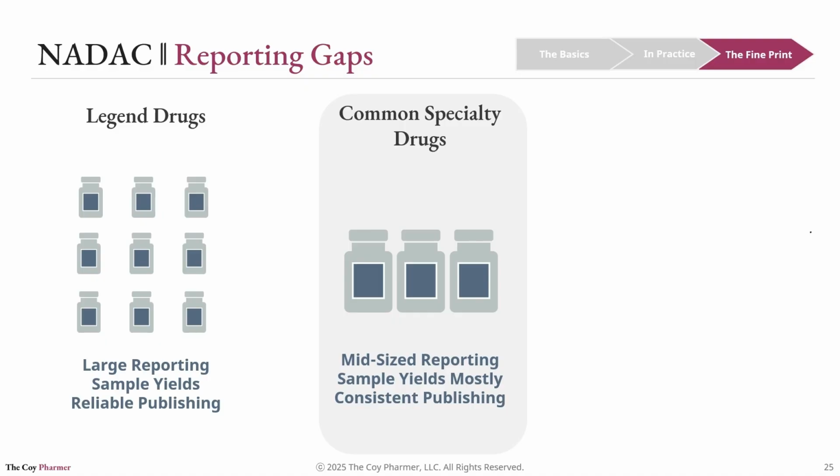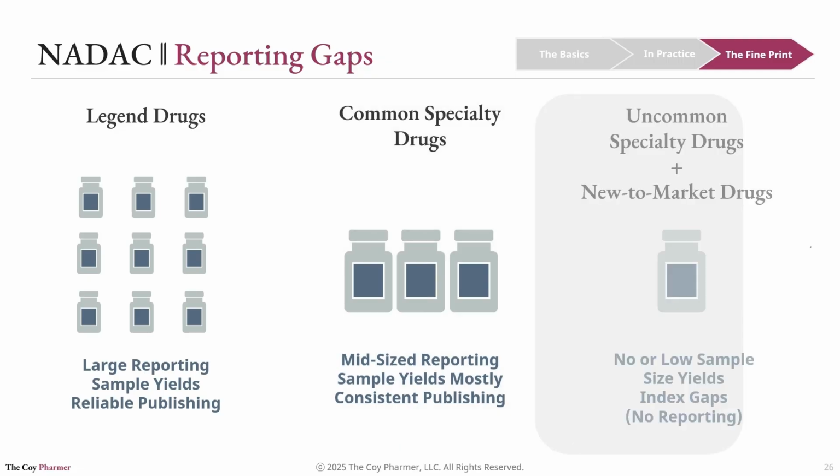They have a mid-size reporting sample, and they're mostly consistently published in the NADAC index. Where we start to run into problems with NADAC is that there are certain uncommon specialty drugs treating orphan or really rare conditions, and also new to market drugs that may not have enough fills available to be able to create a sample size sufficient for CMS to publish a NADAC. In this case, a NADAC may not be reported for a particular drug.